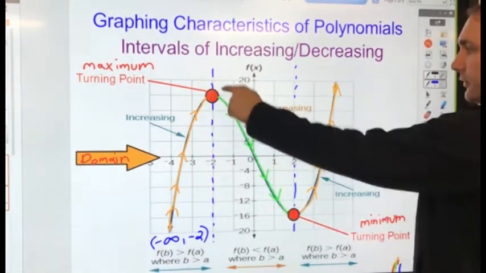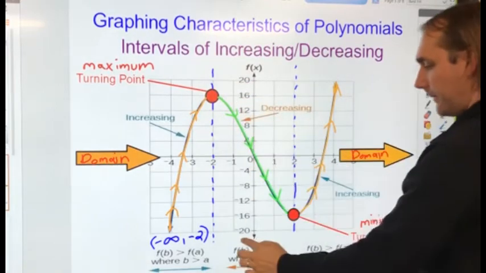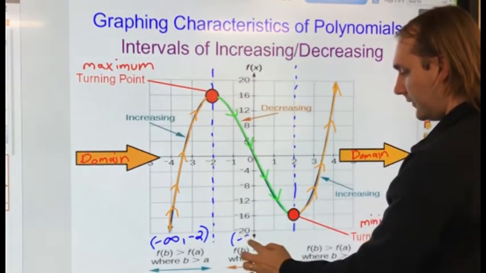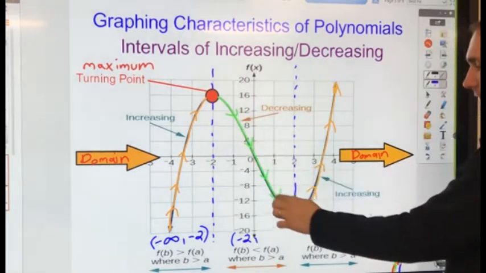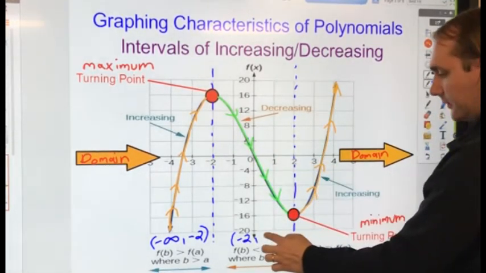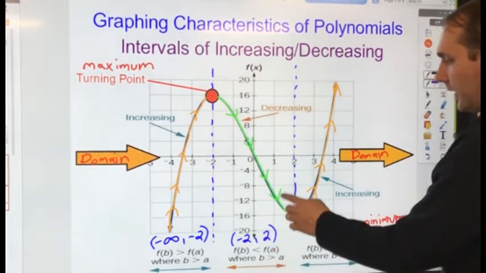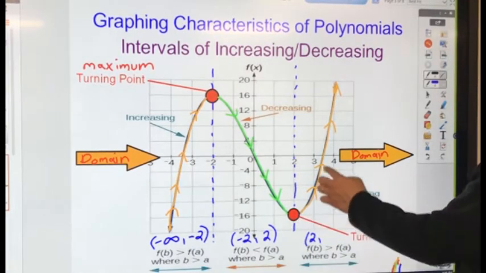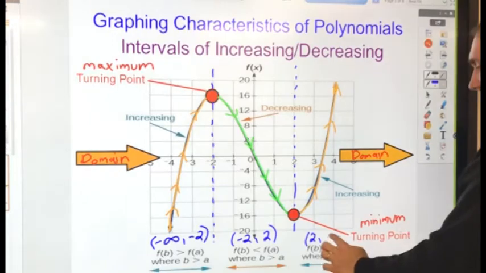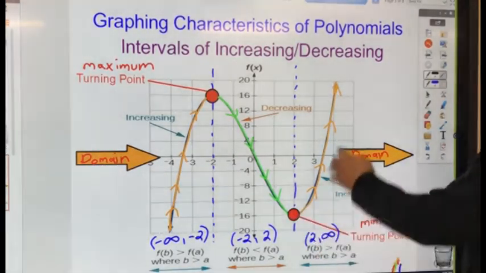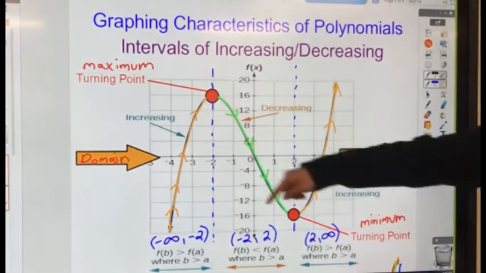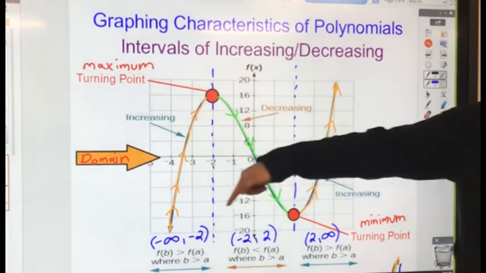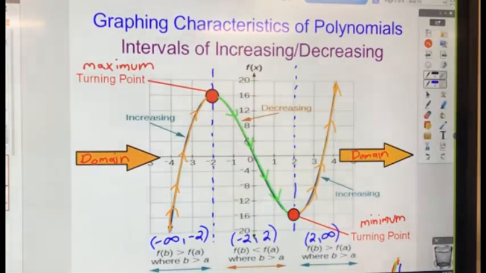And then this interval where I'm decreasing is going from that negative 2 turning point all the way to positive 2. And then from 2 all the way to positive infinity, I'm increasing again. So there are my 3 intervals and how they're separated between my increasing and decreasing.